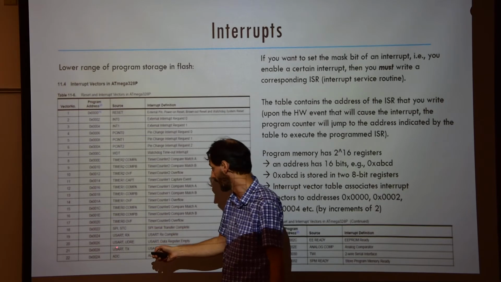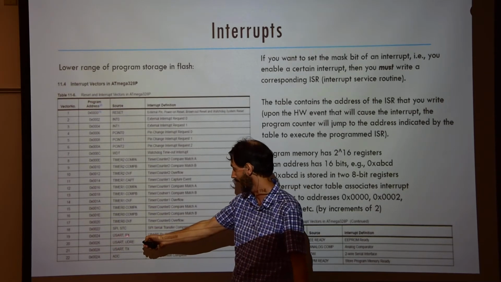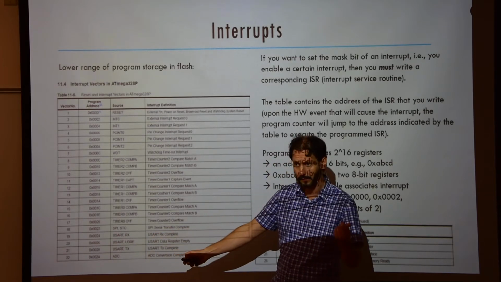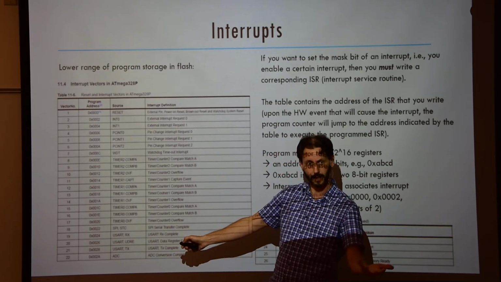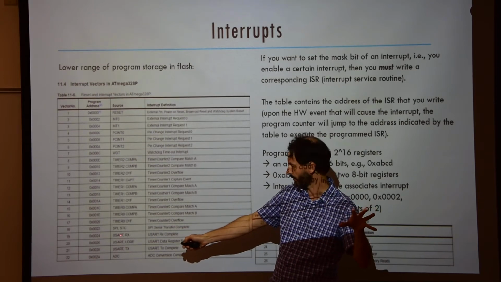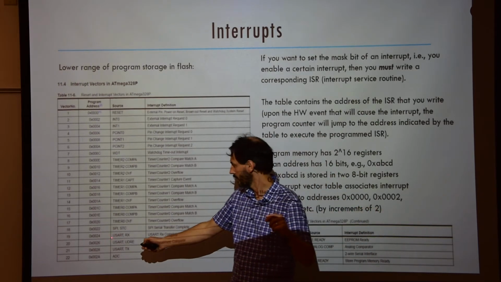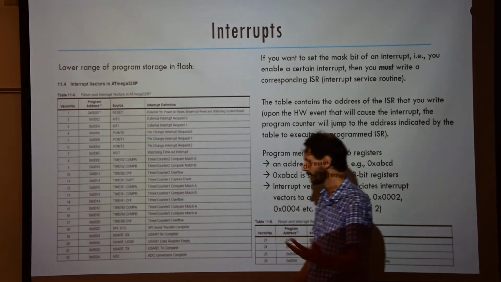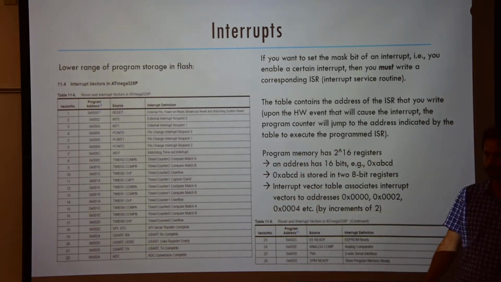For example, we are going to dive into this particular one, the USART RX. If the receive buffer is full, it creates a hardware event, which triggers the interrupt controller. That makes it look at this particular address, and it will see, for example, the address 0xabcd.